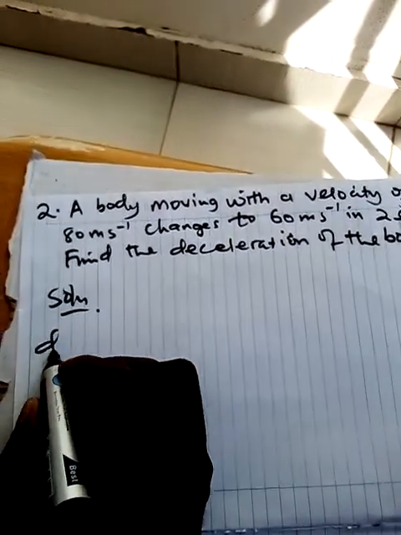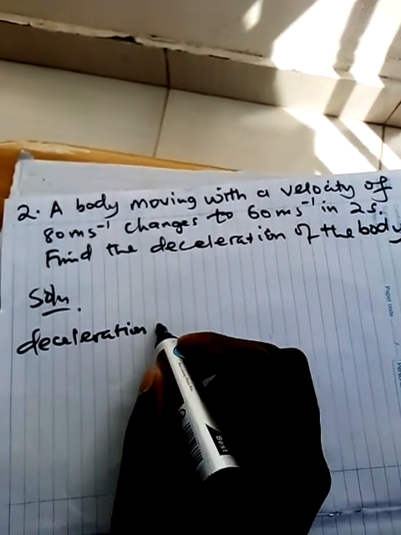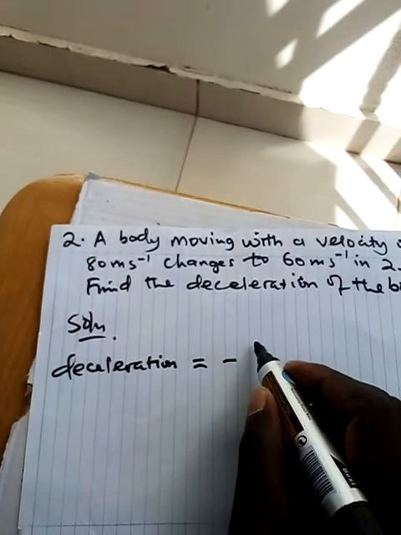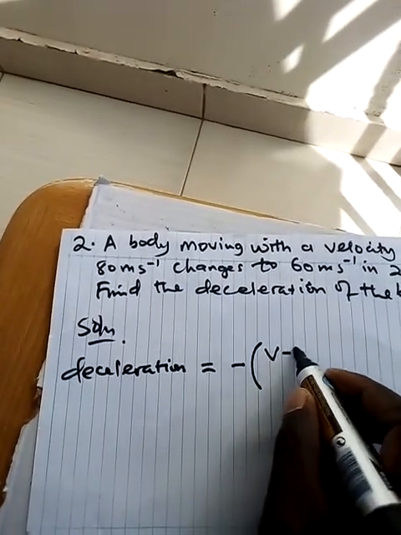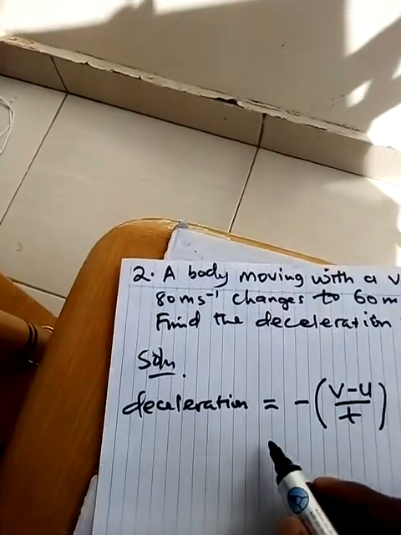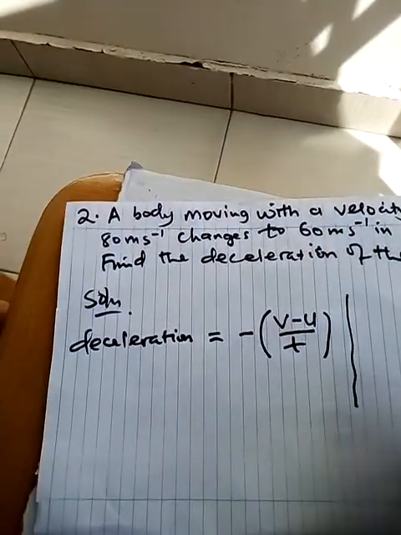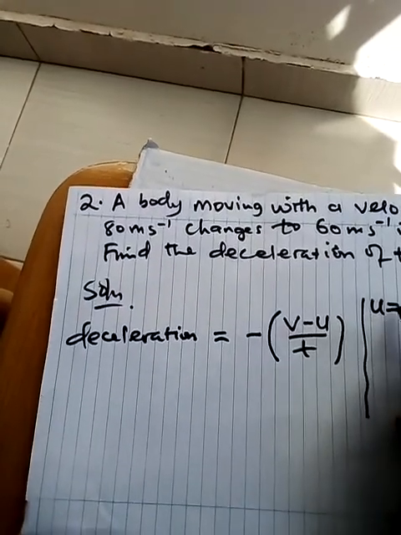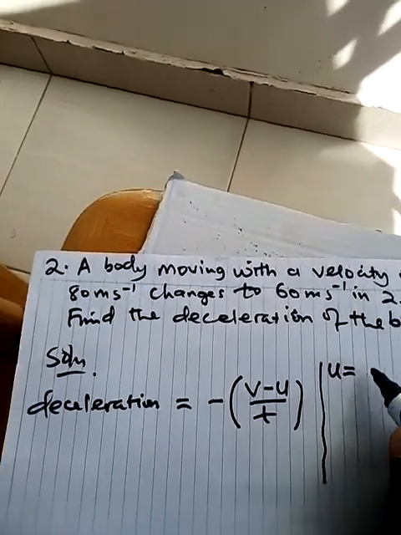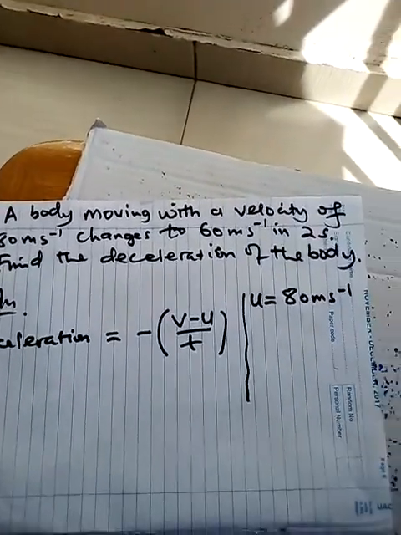So we say deceleration is equal to minus into v minus u divided by time. I think you call that the initial velocity here. In this case, the initial velocity u is equivalent to 80 meters per second. It's always good to start with the initial, by the way.